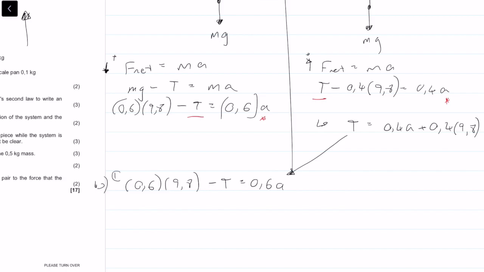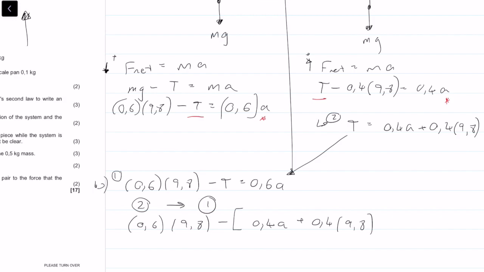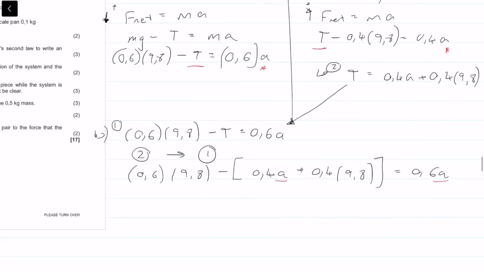If this was 1 and this was 2, we put 2 into 1, and we get 0.6 times 9.8 minus, T was 0.4a plus 0.4 times 9.8, equals 0.6a. Now this equation only has one unknown, a, and we can solve for a, and a is equal to 1.96 meters per second squared.